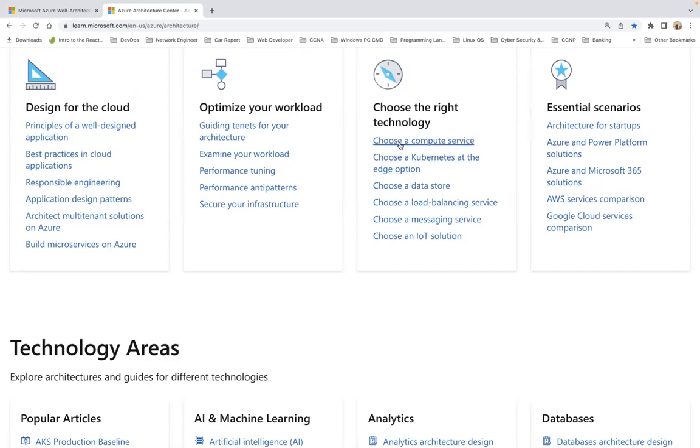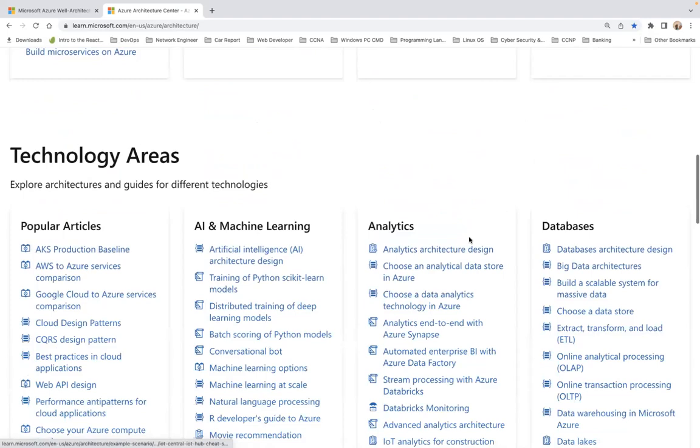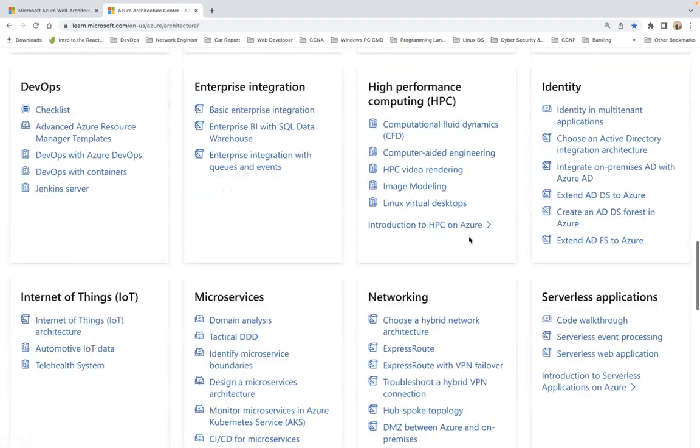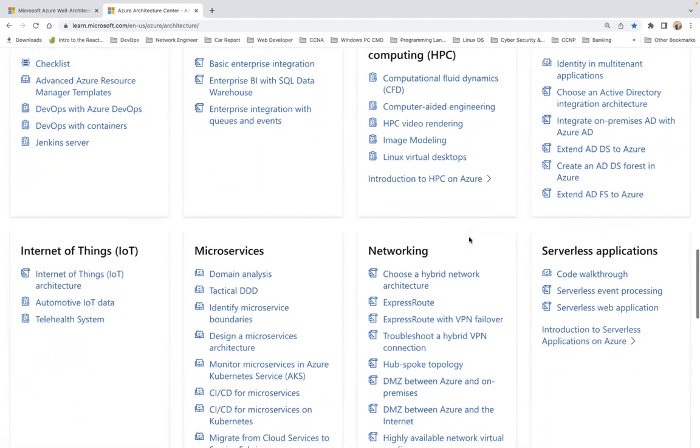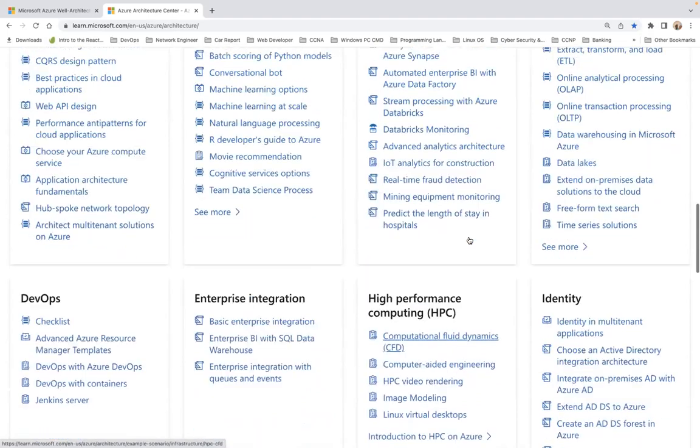You see here they have choose a compute service, choose Kubernetes at the edge option, choose a data store, choose a load balancing service, messaging service, choose an Internet of Things solution. So they have central scenarios and stuff like that. You could come here and look at all these technologies yourself.